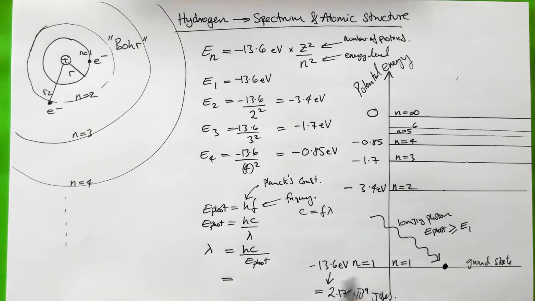So that's the number we're going to put in here. So Planck's constant, 6 times 10 to the minus 34 joule seconds. Speed of light, 3 times 10 to the 8 meters per second. On the bottom, 2.176 times 10 to the minus 19 joules. Put that in your calculator.